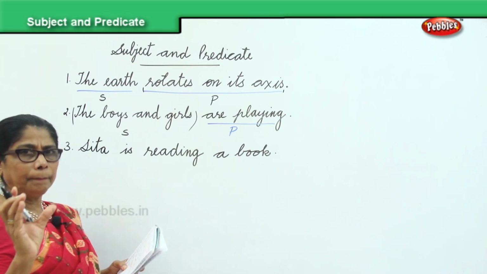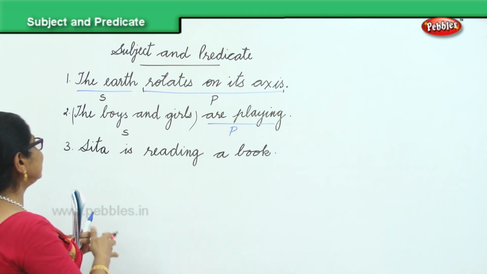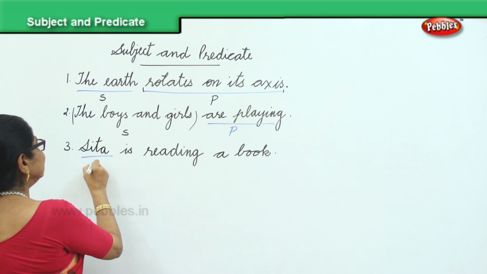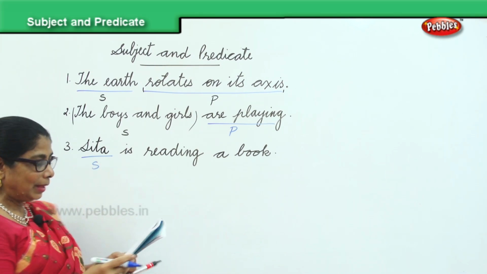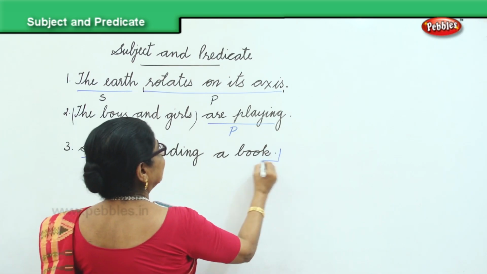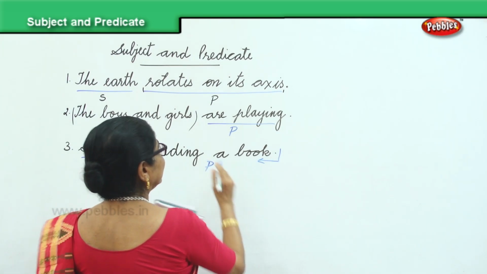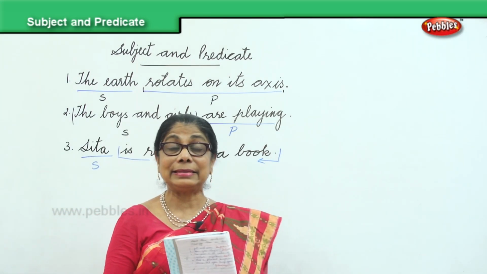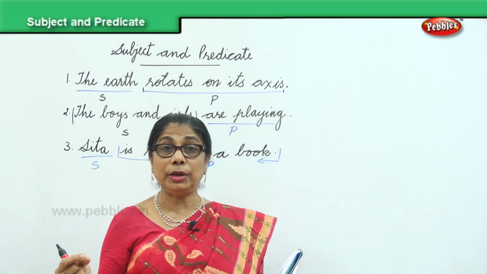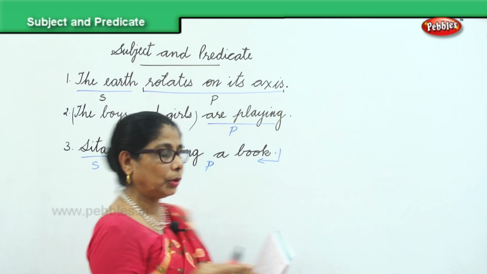What is the most important part of this? Sita. What is Sita doing? Is reading a book. So, Sita is the subject we are talking about, and is reading a book is the predicate, the second part. So, it's a complete sentence. Sita is the subject we are talking about. What she is doing is reading a book.